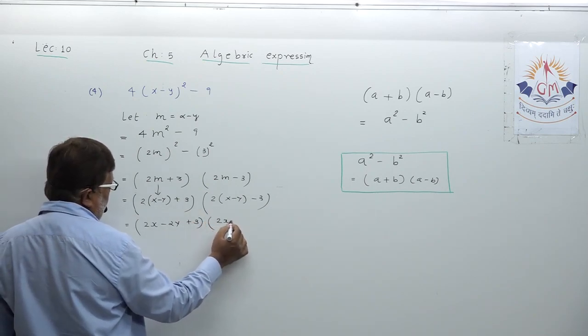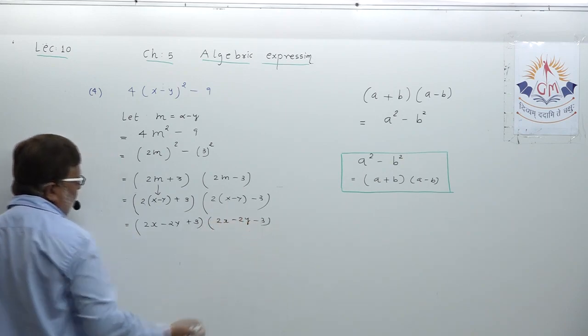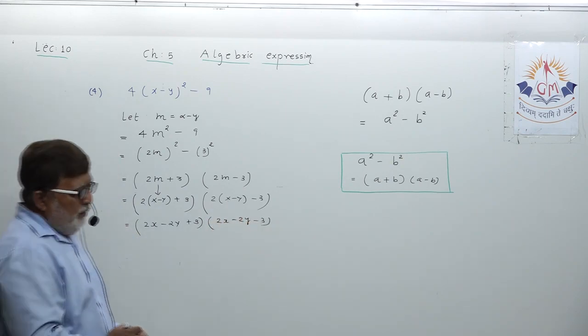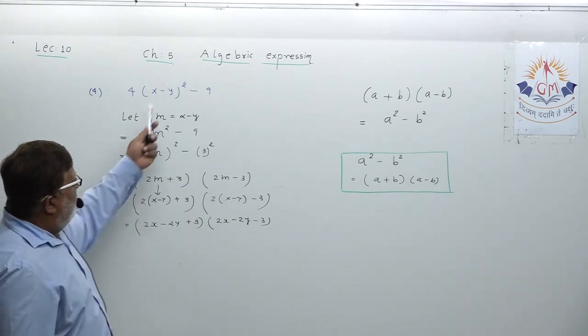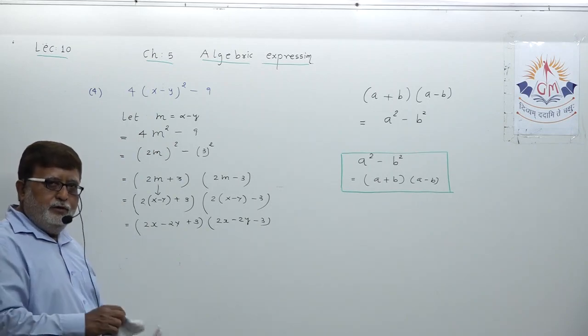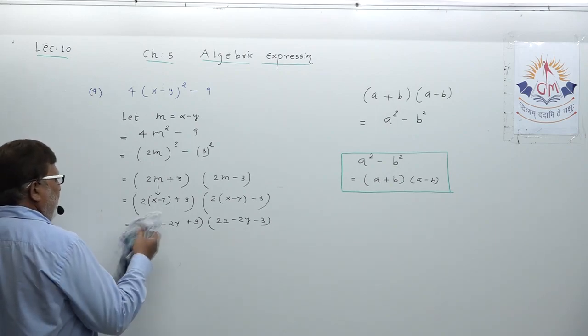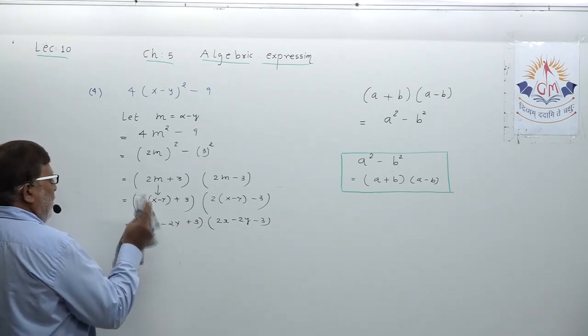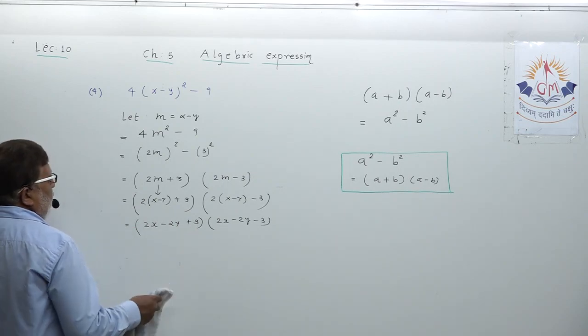Here also 2x minus 2y, minus 3. The sum is over. The only difference is there is a bracket, and when we come across a bracket, we always suppose it as m, b, whatever you can suppose, which will not confuse you in solving the example. Understand? Okay? So this is over.